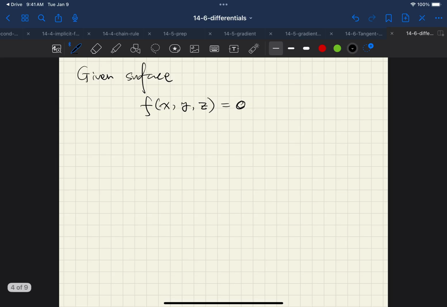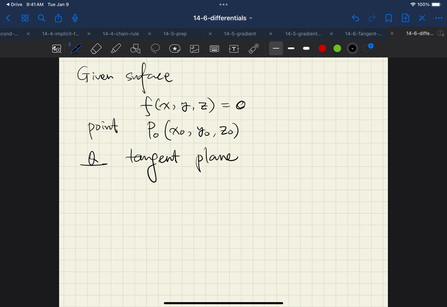Then, your standing, the current position is, suppose P is (x0, y0, z0). So you're standing on this coordinate in the 3D space, which is on the surface. Then what is the tangent plane going through this point?